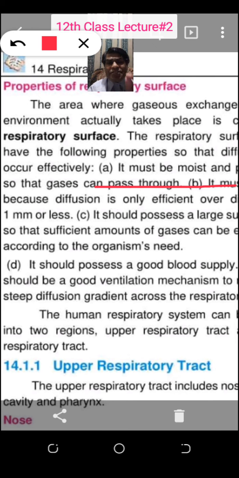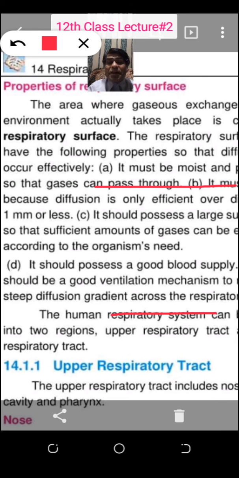This is the last part of the respiratory system which allows oxygen to go into the capillary. Reason: capillaries are attached with the alveoli cell. I will show the diagram. The part of the respiratory system attached with the capillary is the alveoli cell. That's why the alveoli cell is so important.